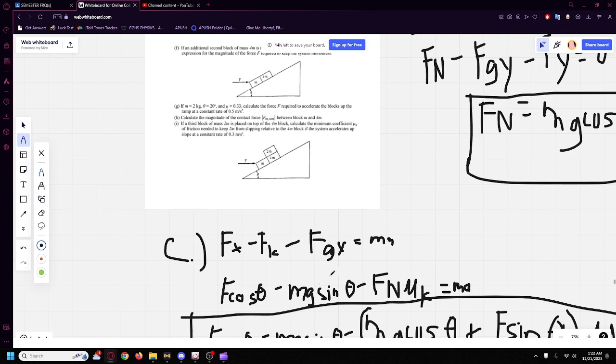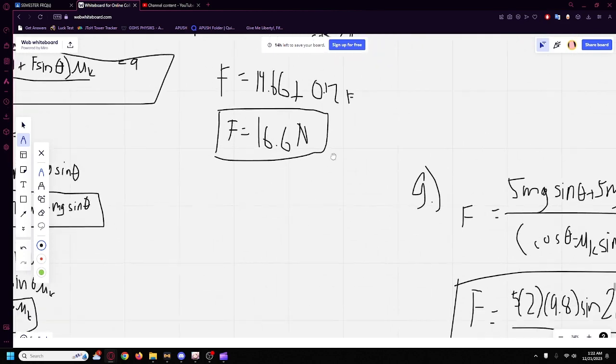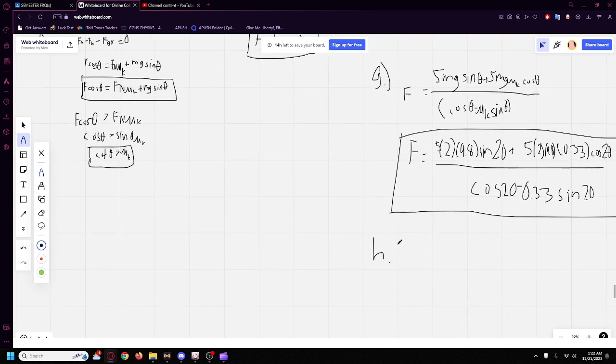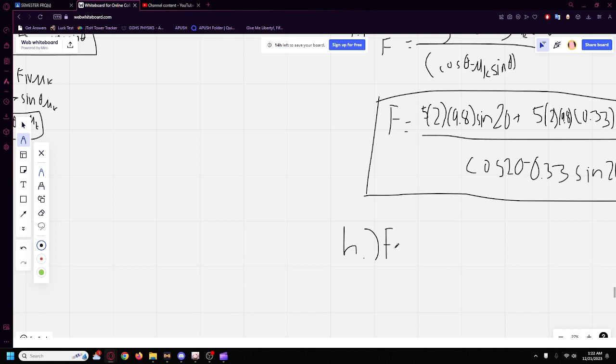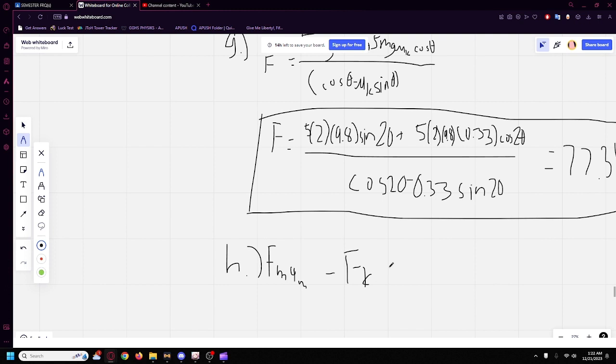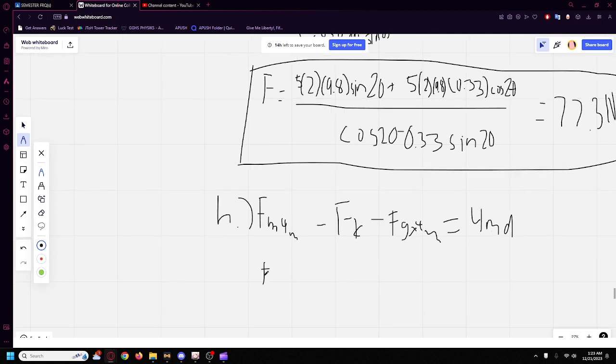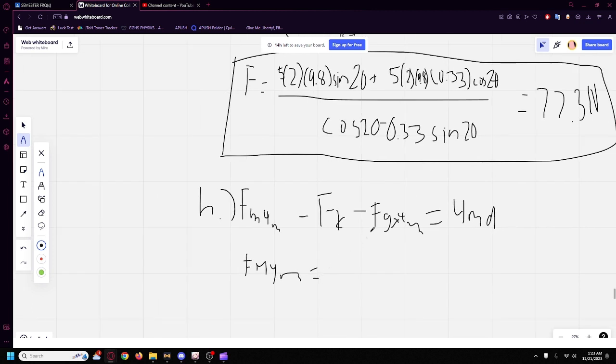Part H, okay, so connect the force using those. F_M4M minus F_k minus F_gx of 4M is equal to 4Ma. 4Ma is the same thing as 4, the mass is 2 times 0.5.